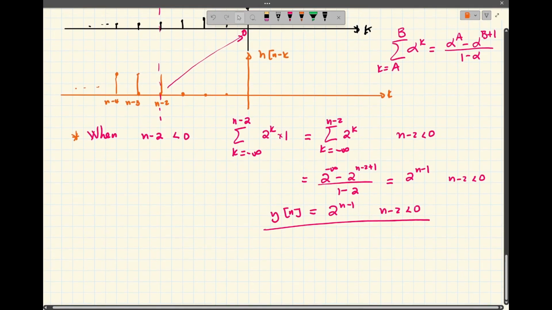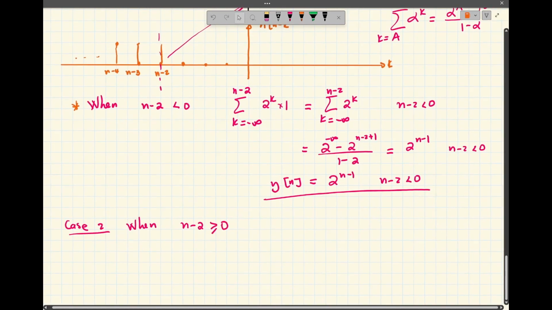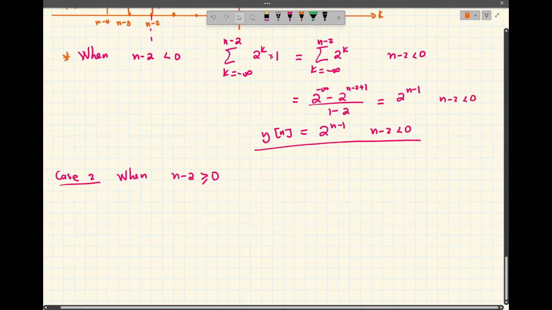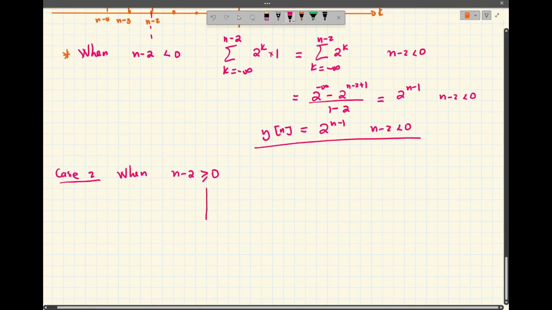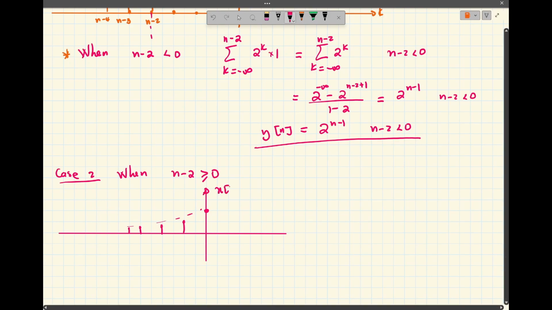Now, what is the other scenario? That's case 2, when n minus 2 is bigger than or equal to 0. Then we have this scenario. We have the x, which is 1, then a half, so that is x of k.